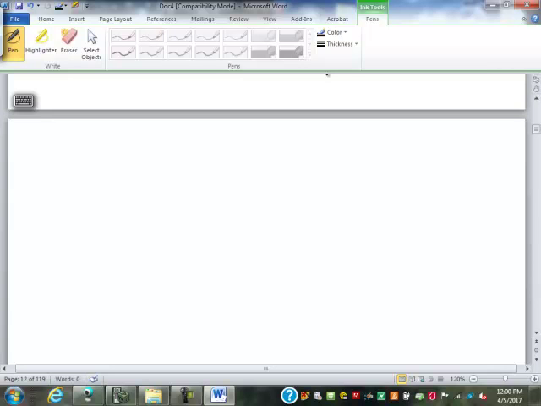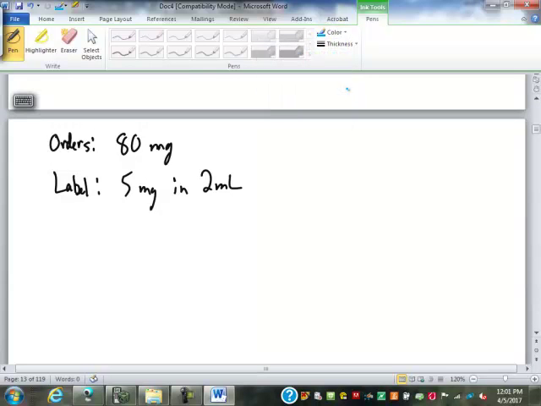So let's start looking at basic dosage calculation. If you have a doctor's order for 80 milligrams of a medication, and on the label it says 5 milligrams in 2 milliliters, to figure out what to administer to our patient, we always start out with the doctor's orders.